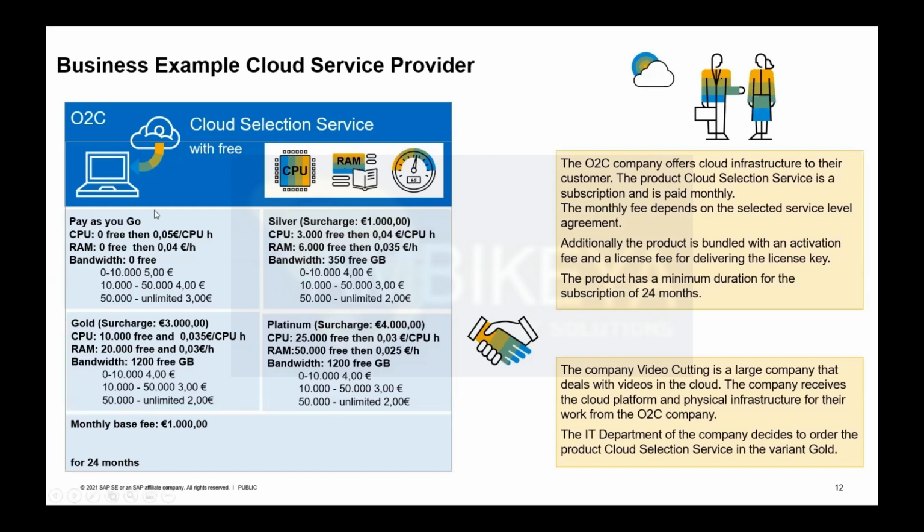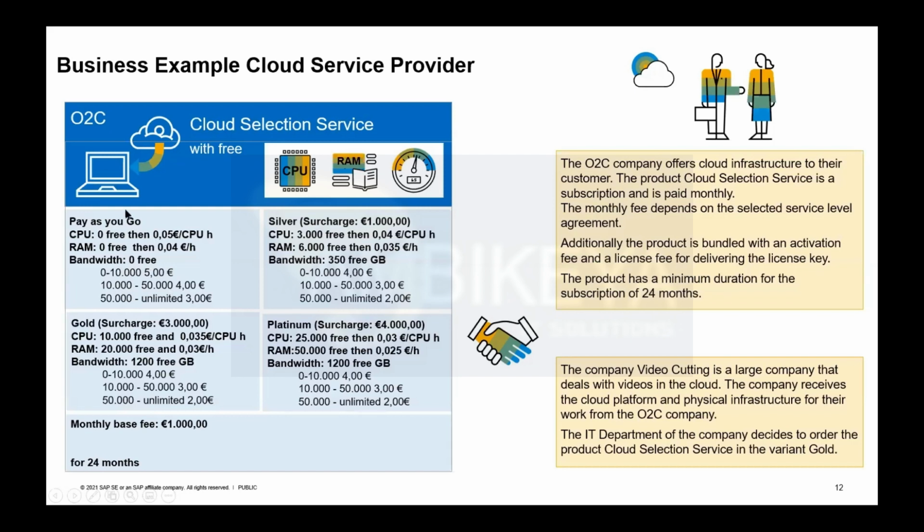You can have, for example, pay as you go, which is the simplest tariff, because there are no free volumes included. And we have here the price for the bandwidth.